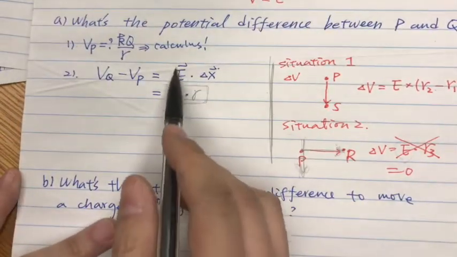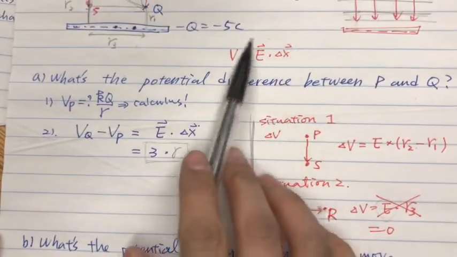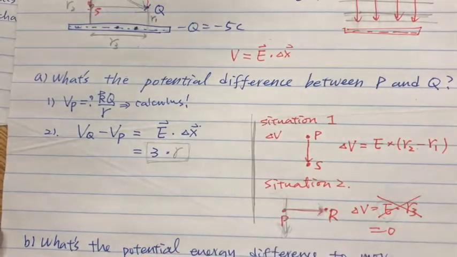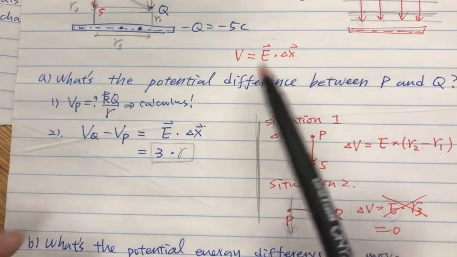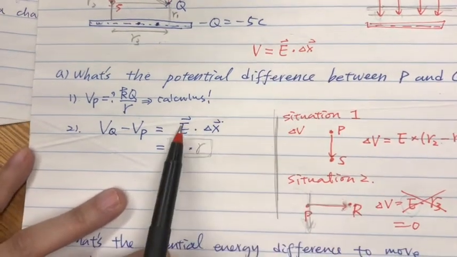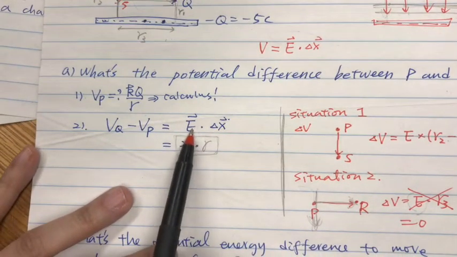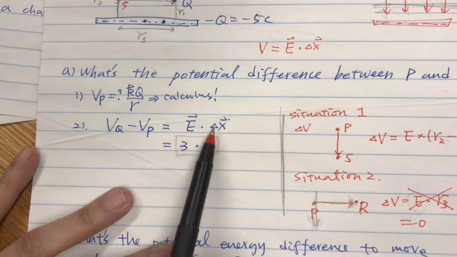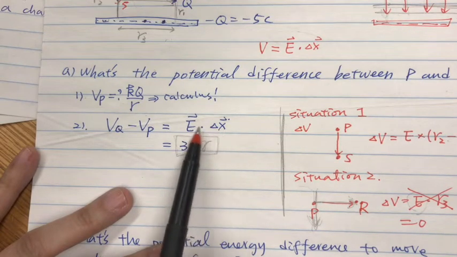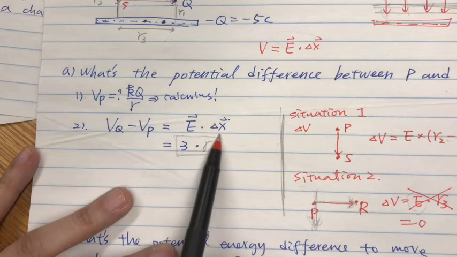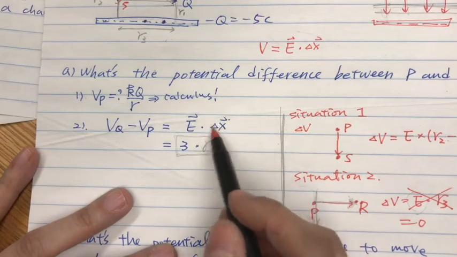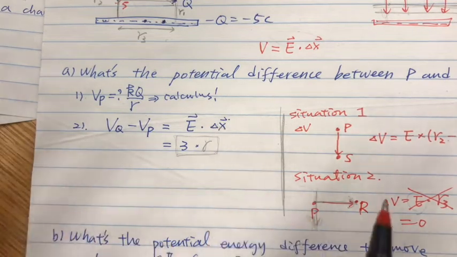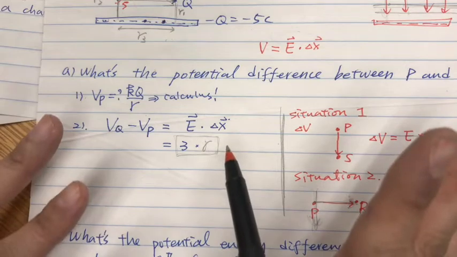So when we want to use this one, we need to remember, if you can recall, this is a dot product. It's really the effective force contributed on this displacement that will actually make a potential difference.